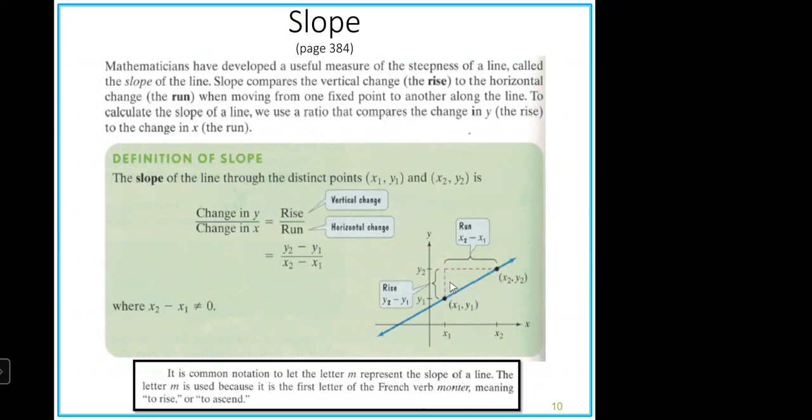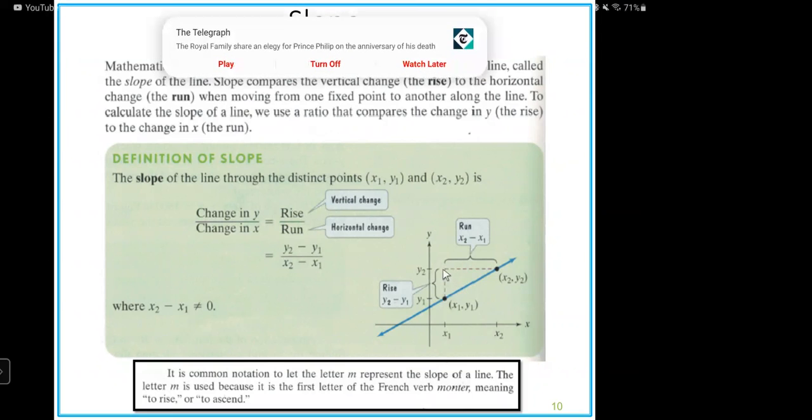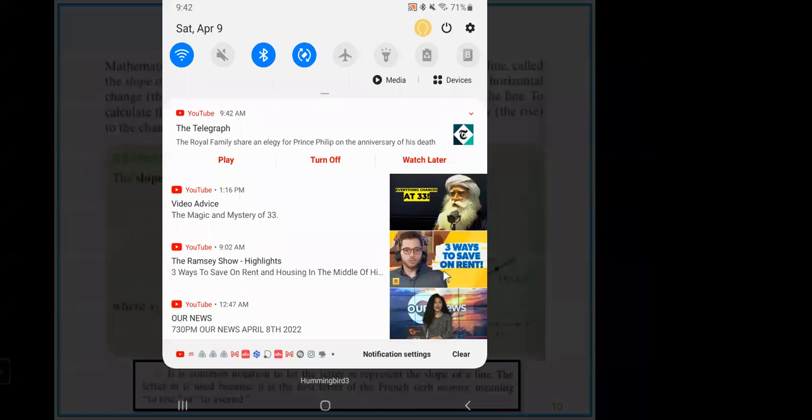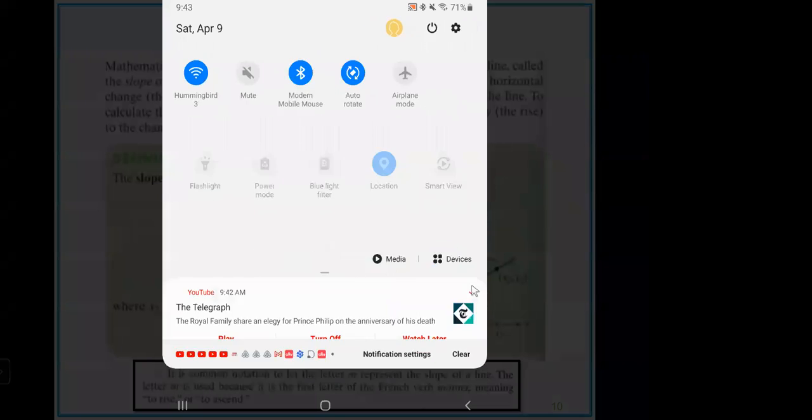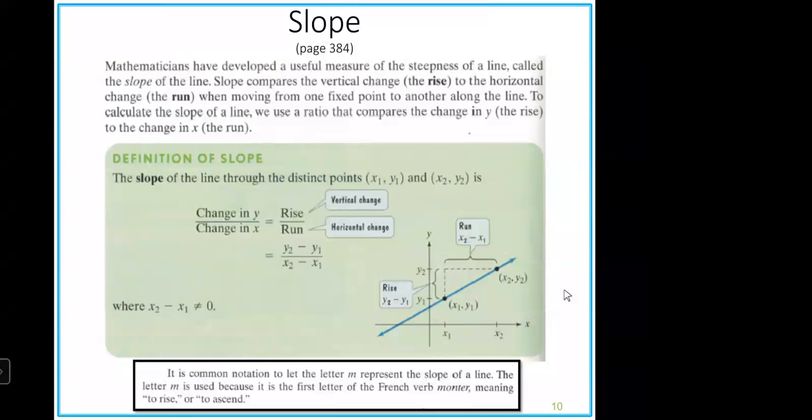So this rise here, the number of places you have to move up is called your rise. And then the number of places you have to move across here is called your run.